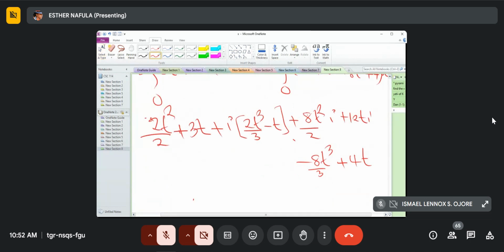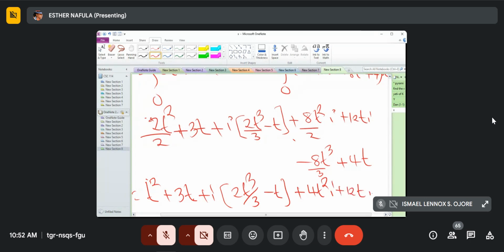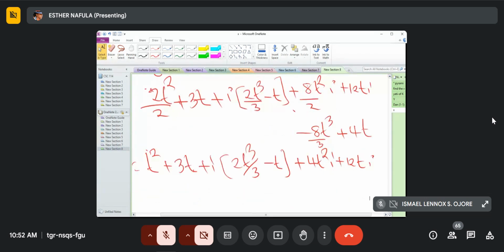2t squared over 2 is just t squared, so this is t squared plus 3t plus i into 2t cubed over 3 minus t plus 8 over 2 is 4, 4t squared i plus 12ti minus 8 over 3 t cubed plus 4t. We're evaluating the whole thing between 0 and 1.